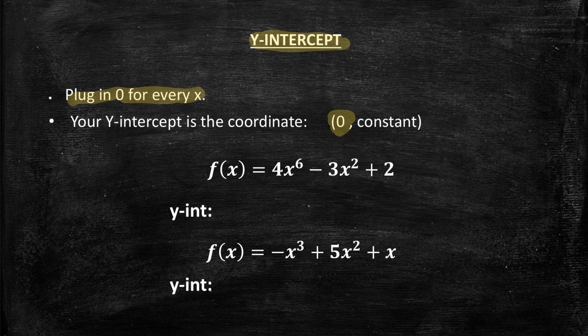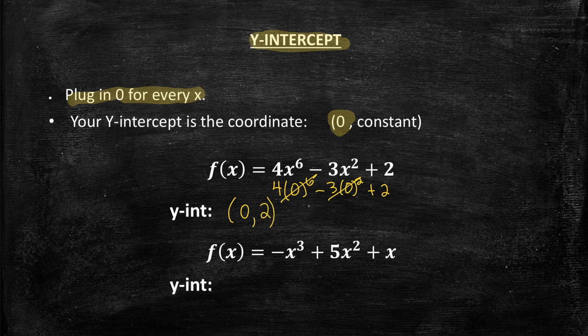So if I go to this equation right here and I plug in 0 everywhere I see an x, 4 times 0 to the 6th power minus 3 times 0 to the 2nd power plus 2, well, anything times 0 is 0, so those are both 0, so therefore my y-intercept is 2. So you would write it as (0, 2).